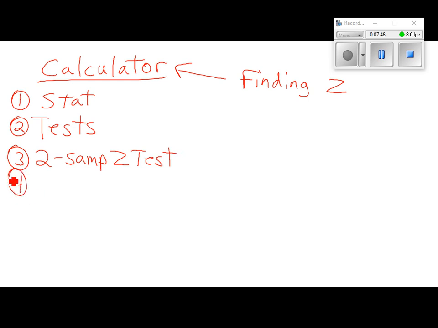Once you hit the two sample z-test, what are the things that it wants you to put in there?